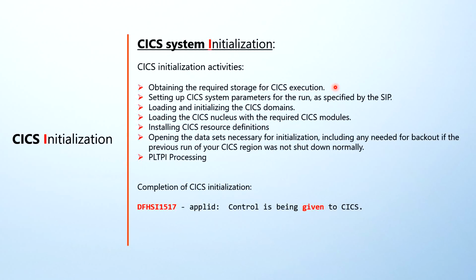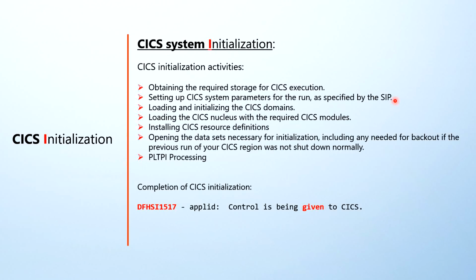Once it has acquired the storage, it starts setting up the system parameters which you have mentioned under SIP. There are multiple ways you mention the SIP parameters, which we have seen. Whichever way you mention them, DFHSIP takes all those parameters into consideration, and it configures your CICS in that way.